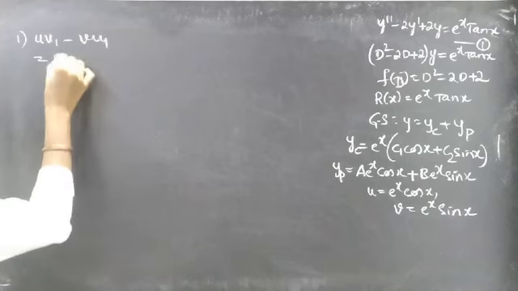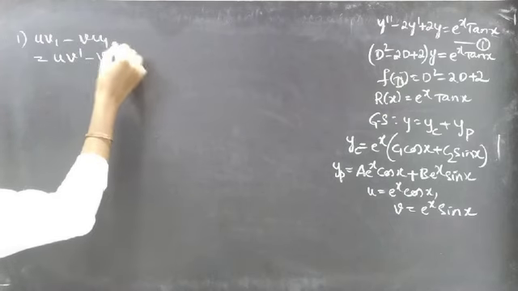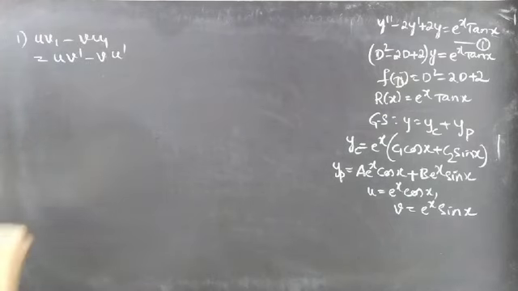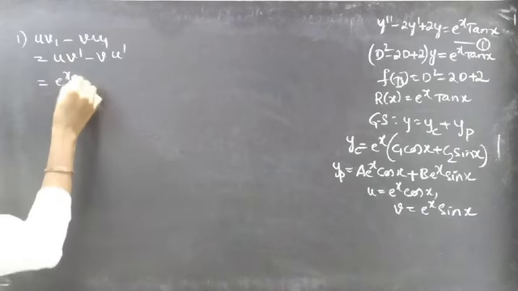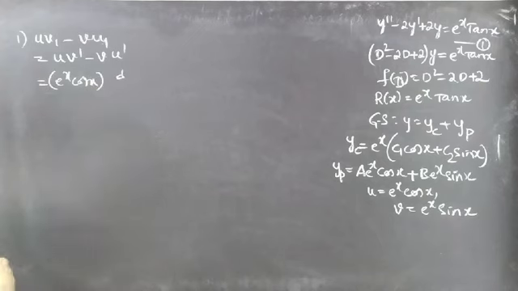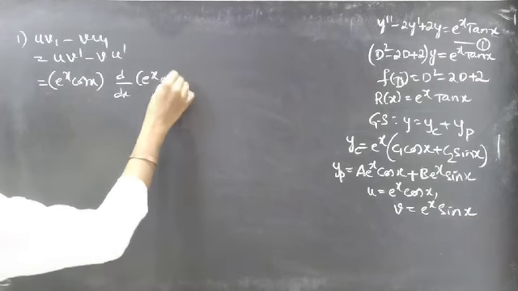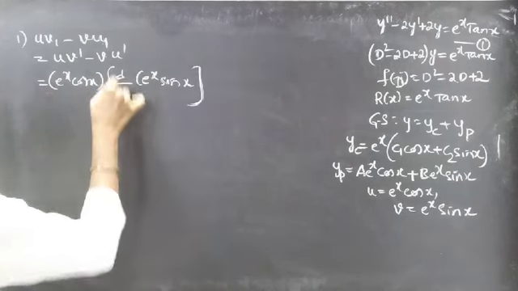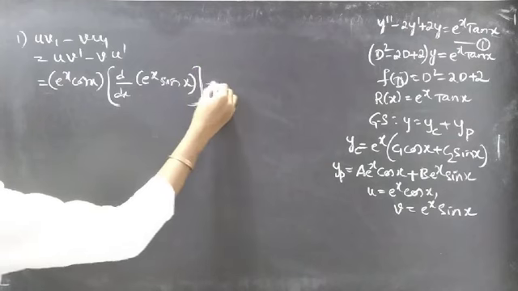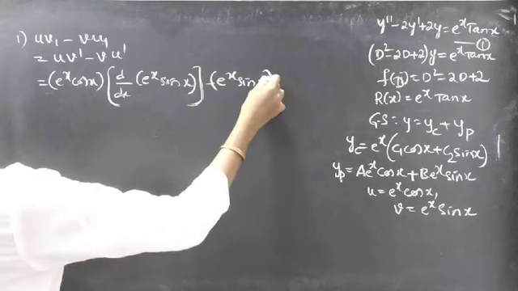Here v1 is nothing but derivative of v with respect to x, and u1 is nothing but derivative of u with respect to x. So uv1 minus vu1 is equal to u, e power x cos x, into v1, which is nothing but derivative of v with respect to x, minus v into u dash.